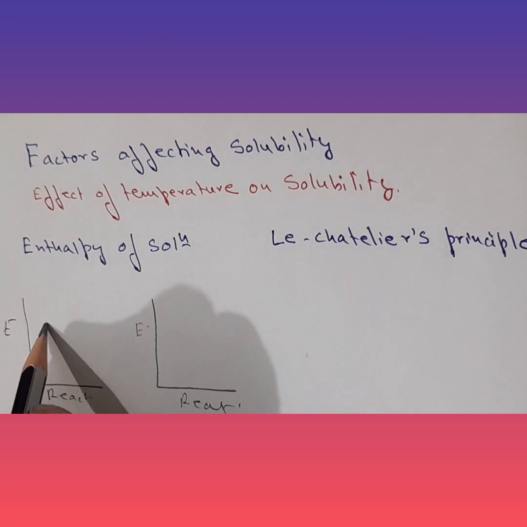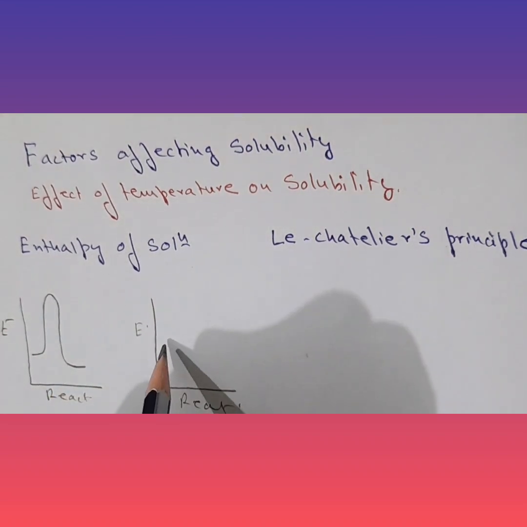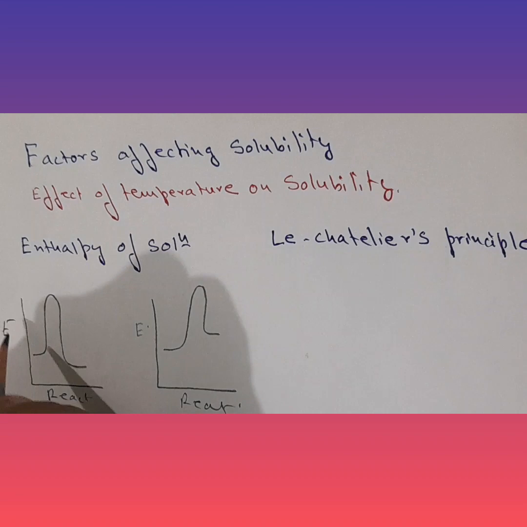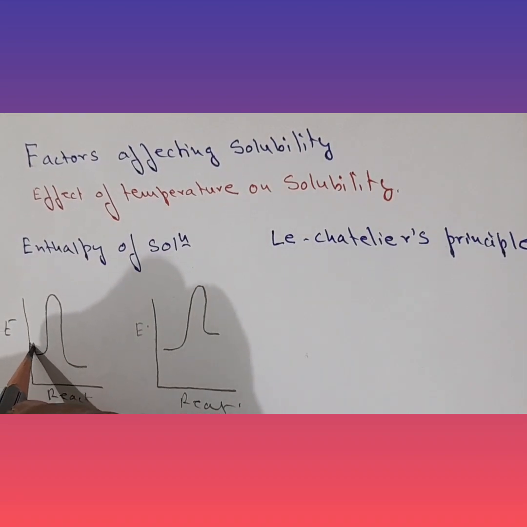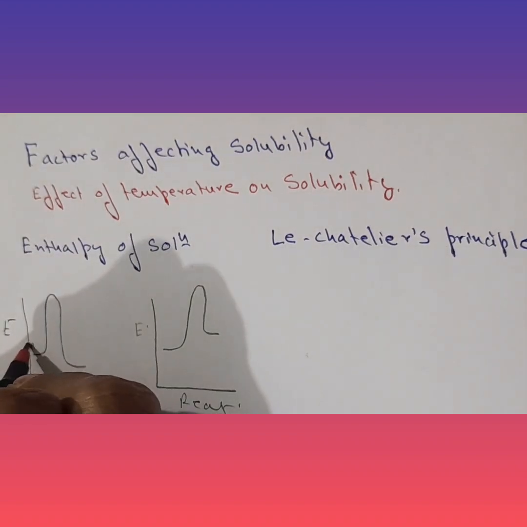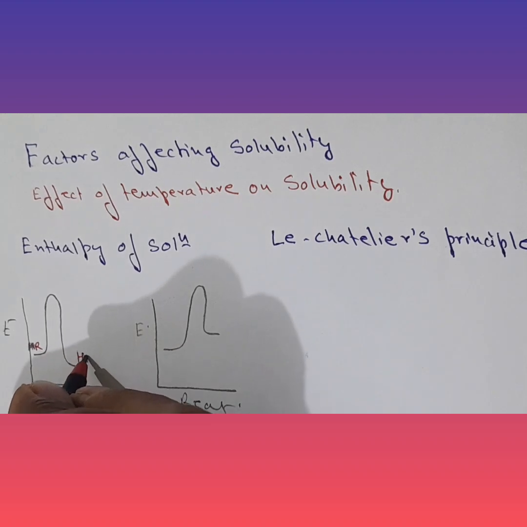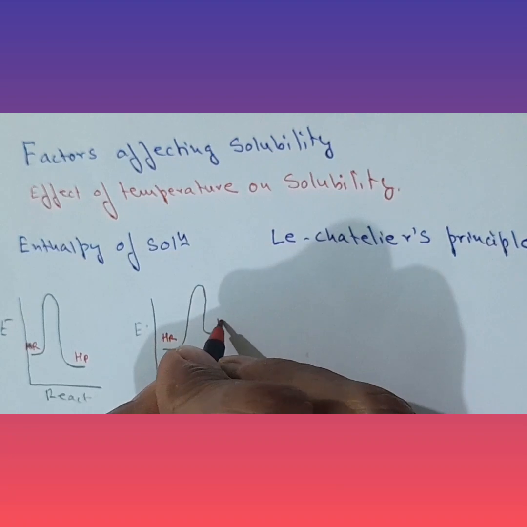Suppose the graph goes this way in this case, and in this case the energy profile goes this way. Now this is what we call enthalpy, that is H. This is the enthalpy of reactant, and this is the enthalpy of product. Even here, this is the enthalpy of reactant, enthalpy of product.